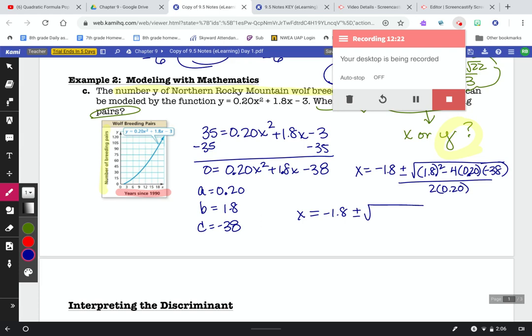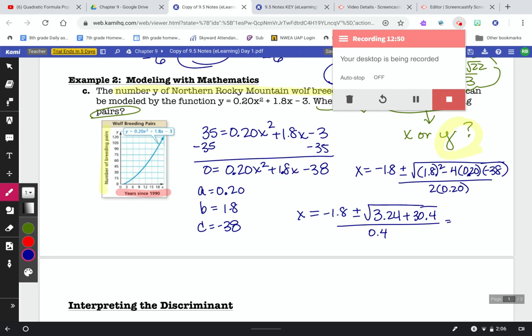When we square 1 and 8 tenths, we get 3 and 24 hundredths, minus, when you do 4 times 20 hundredths times negative 38, we're going to end up with a negative 30.4. So when we're minusing that, minus a negative, I'm just going to write plus 30 and 4 tenths, all over 2 times 20 hundredths, which gives you 4 tenths.